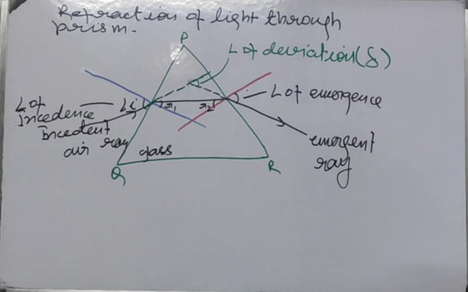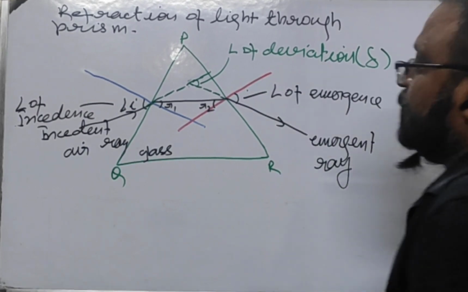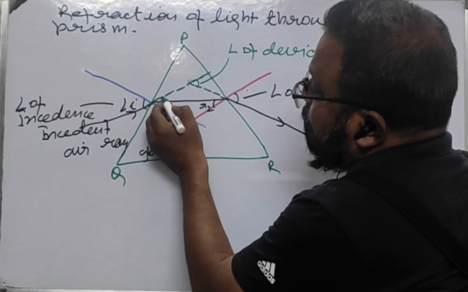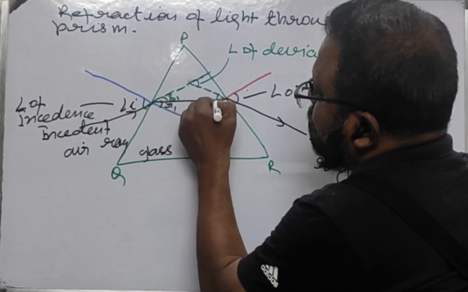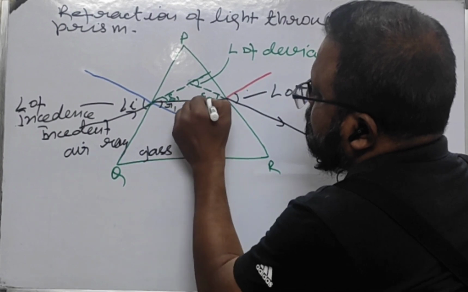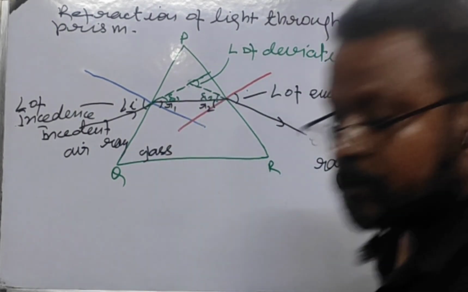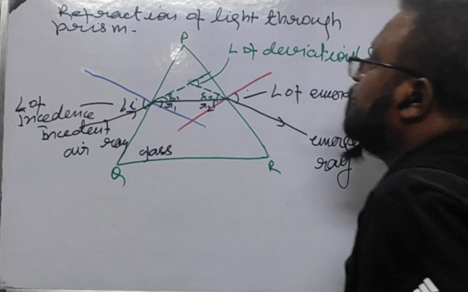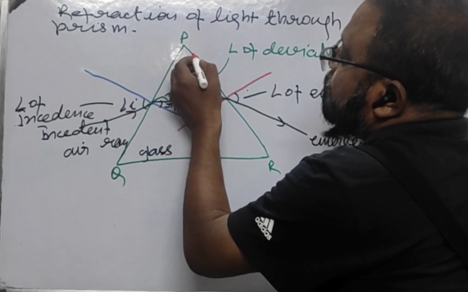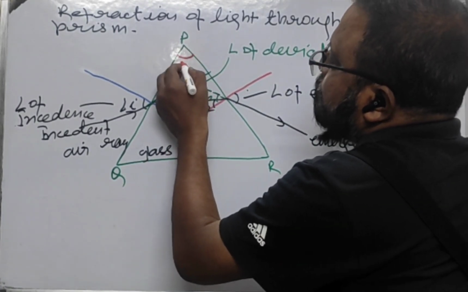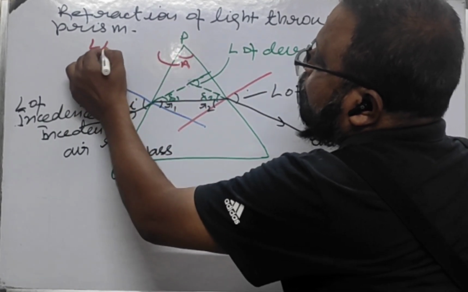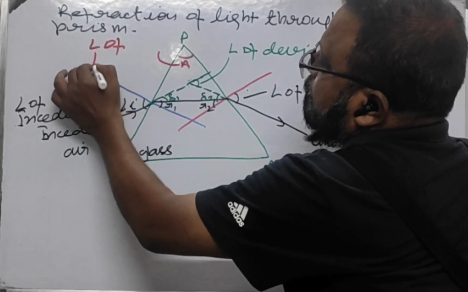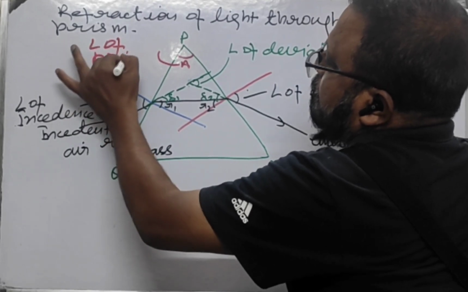There will be angle of deviation 1 and angle of deviation 2. And this is called the angle of prism, A.